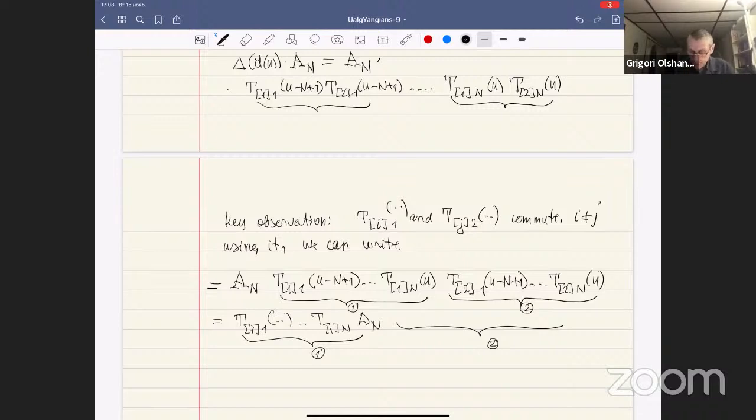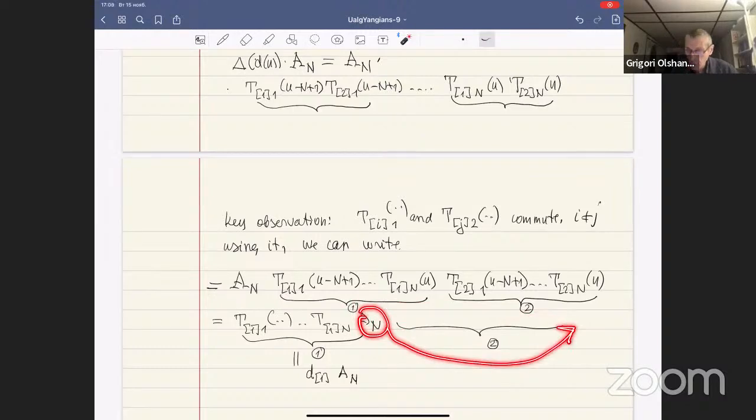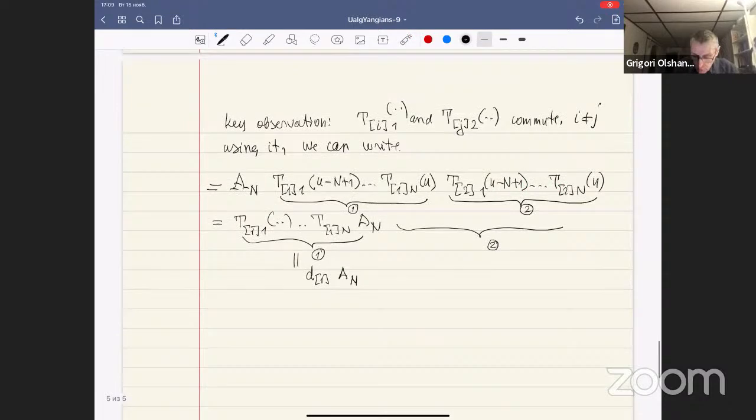But what is this? This is by definition this object. But now, using this, we look at this object and do the same. And so we move on the right by rearranging this product. And then we get what we want exactly.